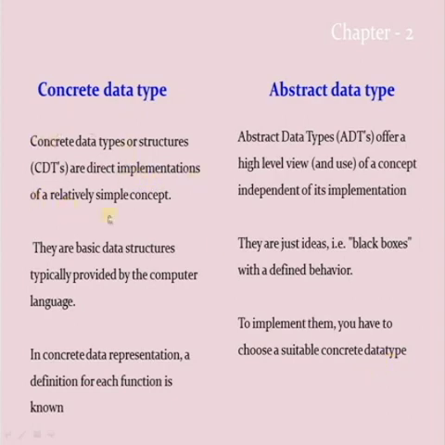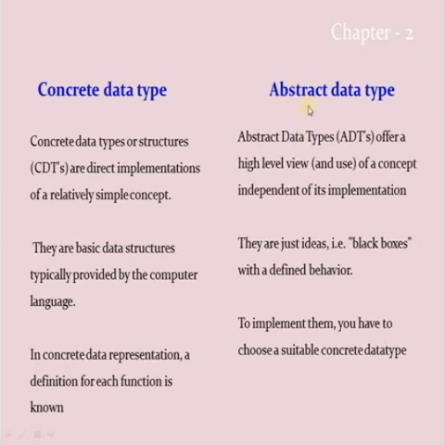So come to the concrete data type. They are implementations of a relatively simple concept. Then they are basic data structures typically provided by the computer language. In concrete data representation, a definition for each function is known.